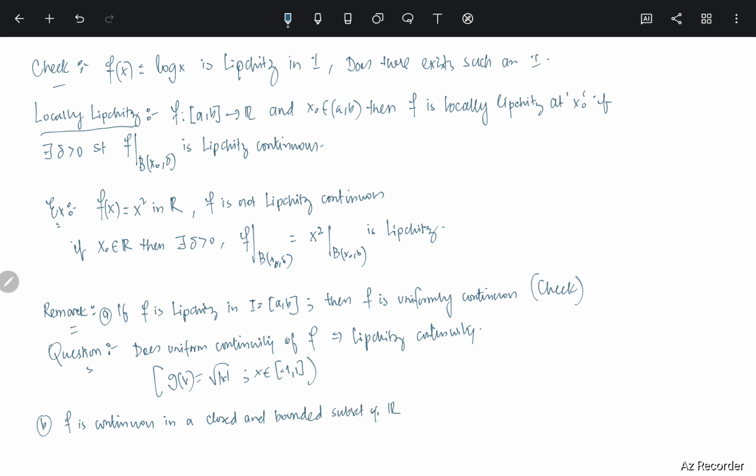That will actually imply that f is uniformly continuous in R, okay, so that is there. Now that is more or less the whole idea of Lipschitz continuity.